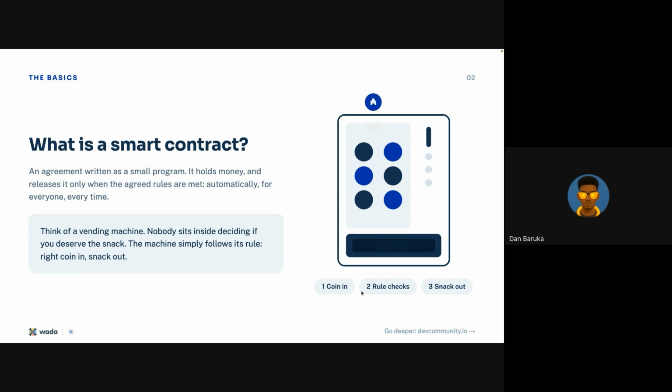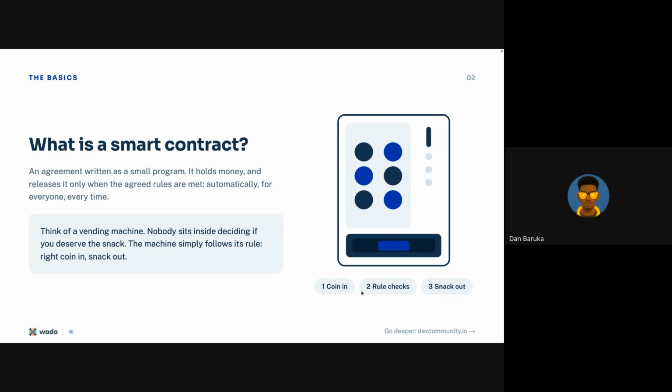So it doesn't wait for a middleman. It works automatically for everyone and every time. It doesn't really depend on anything outside of the smart contract. The smart contract just verifies, and when the rules are met, it releases the asset.